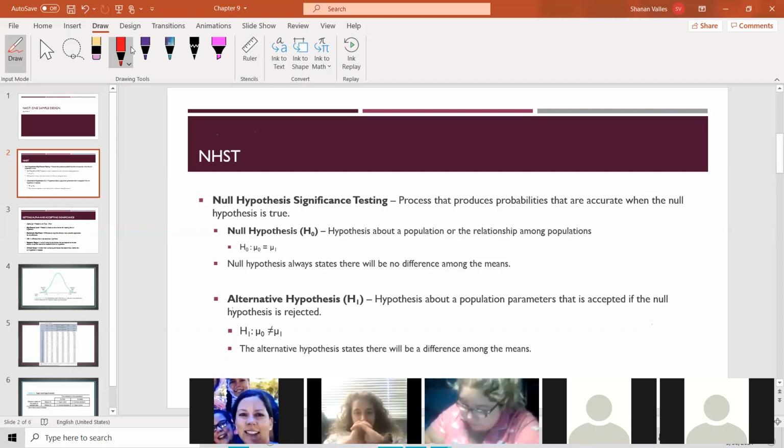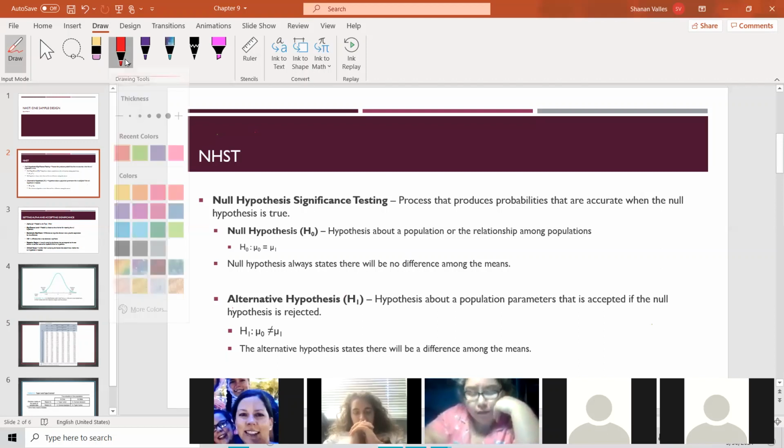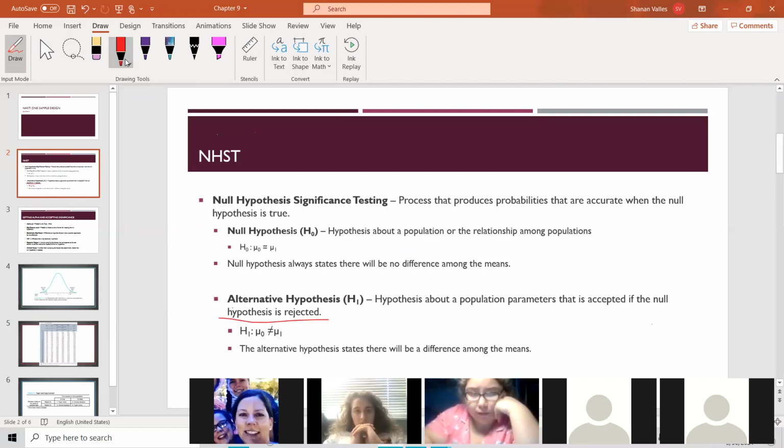Population parameters, excuse the typo, that is accepted if the null hypothesis is rejected. Okay. Our goal in NHST, when we're testing significance, is to attempt to reject the null hypothesis. Okay.